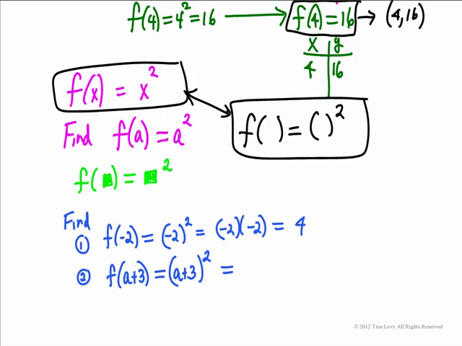So this requires remembering back to simplifying it further. It was a plus 3 times a plus 3. And of course, we're going to do more with this. But you might remember how you foiled this. Remember you went a times a is a squared, 3a and 3a is 6a, 3 times 3 is plus 9. But that's basically what we're doing.